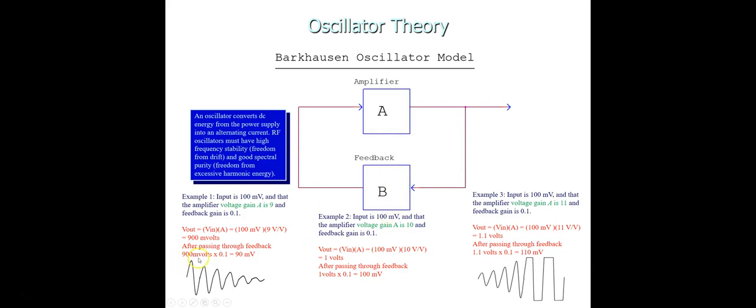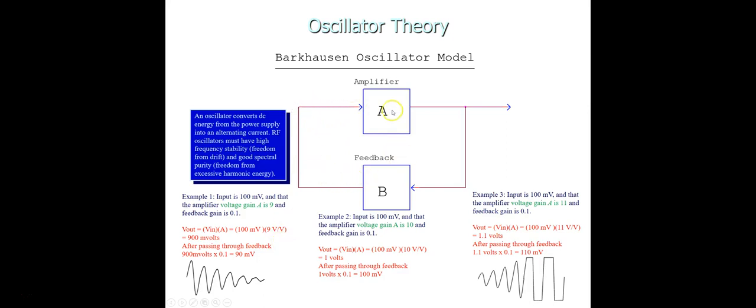In the feedback, the gain is 0.1. When 900 millivolts is multiplied with 0.1, we get 90 millivolts. When you compare this 90 millivolts with the previous input, which was 100 millivolts, you will see that this new input going into the amplifier is less than what we sent previously.